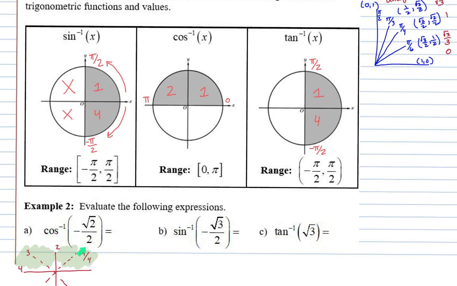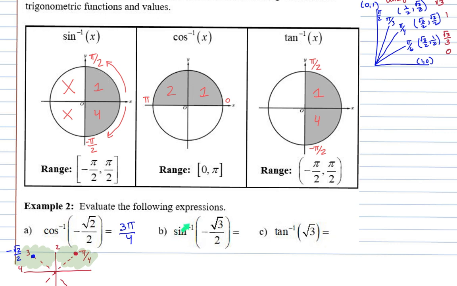So here at pi over 4, at this specific point right there, it's positive square root of 2 over 2. But at this point right here, that's going to be negative square root of 2 over 2. So that means my answer is going to be 3 pi over 4.